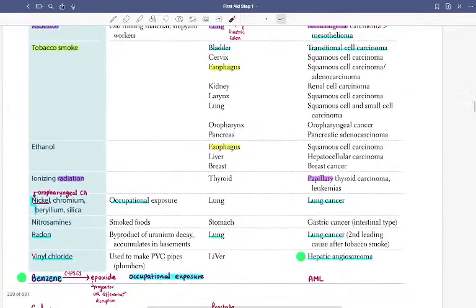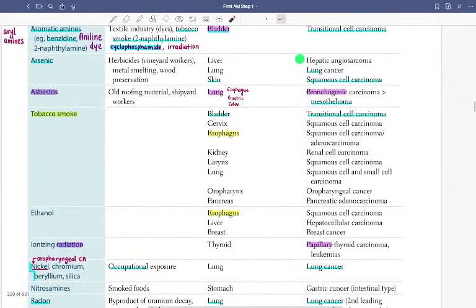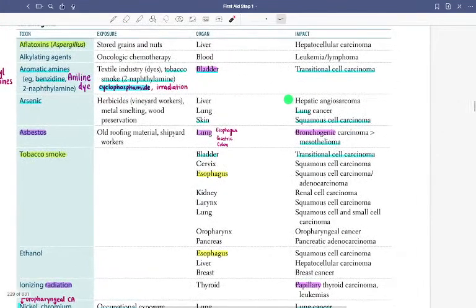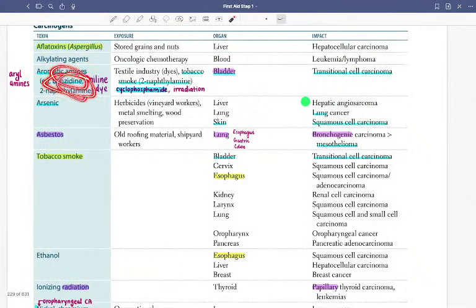Benzene, occupational exposure, causes AML. Benzene causes AML, but aniline dye, that is benzidine, causes bladder cancer.